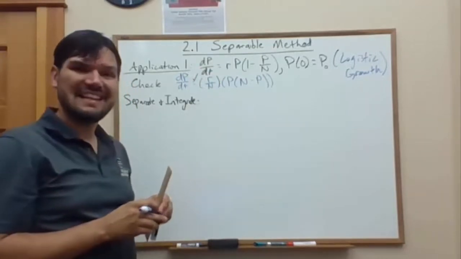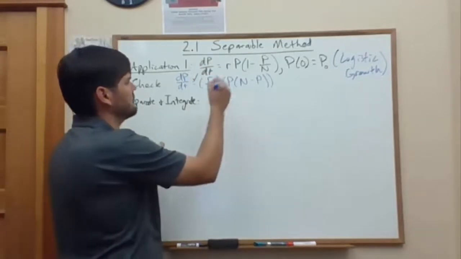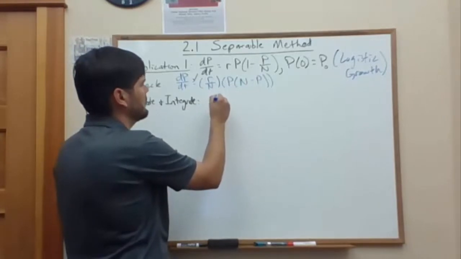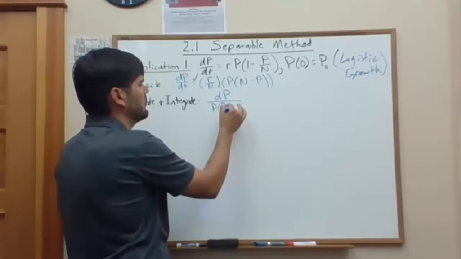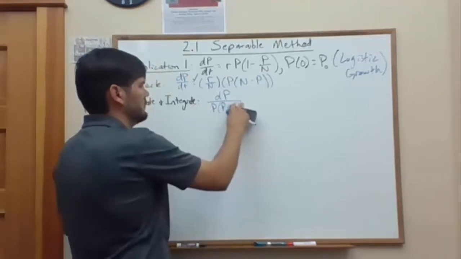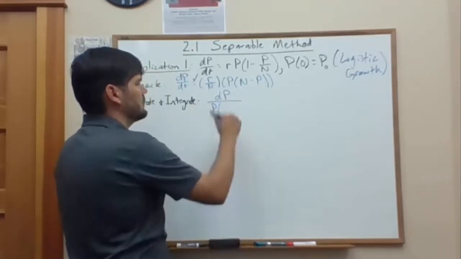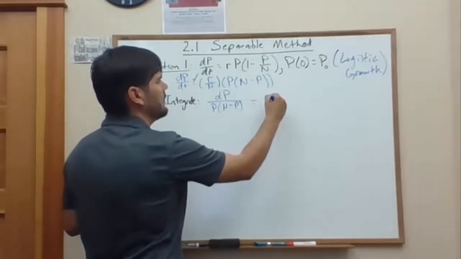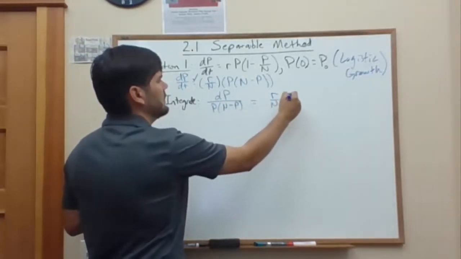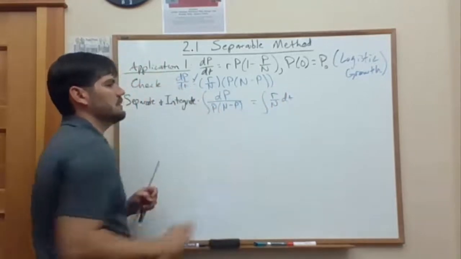So now let's separate and integrate. P times N minus P on the bottom. On the other side, we have r over N times dt, and we integrate both sides.